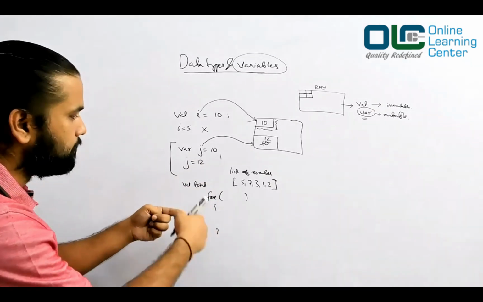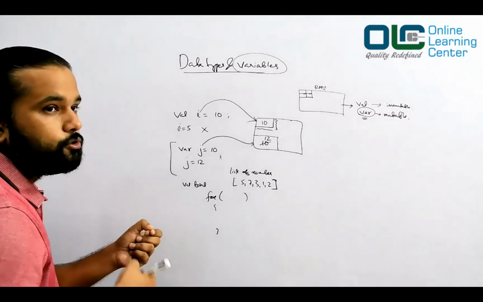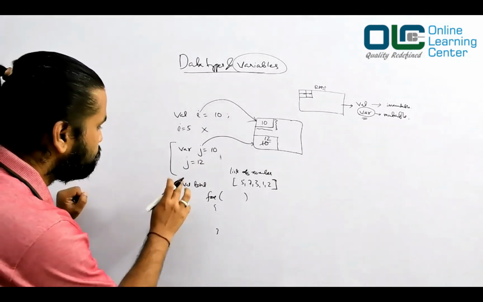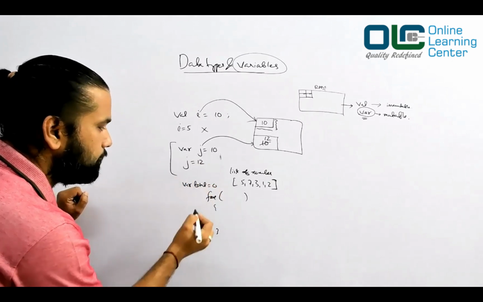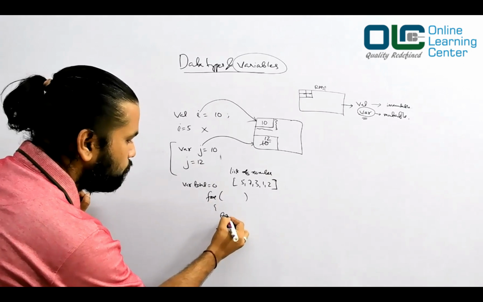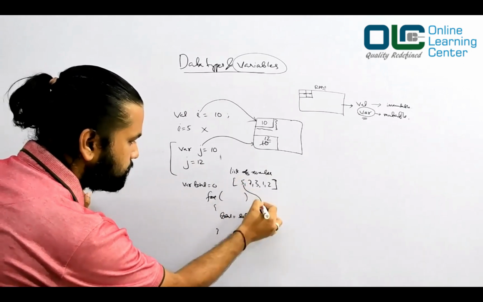The requirement demands a variable whose value you can update every time. So you should say var total is equal to 0, and you keep saying total is equal to total plus the numbers of i.